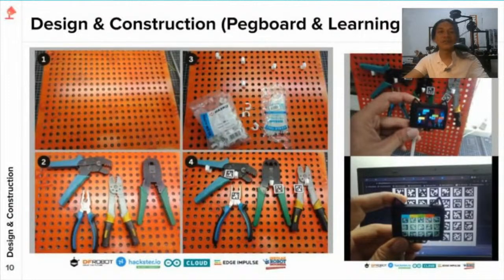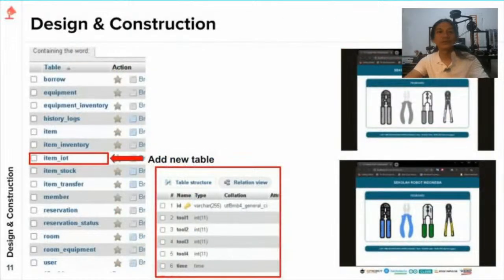In the first prototype, I use only tag detection for tools on our laboratory backboard. So first I must teach HuskyLens multiple tag recognition. This is the old table in the database system or basic inventory, and to integrate with this project, we must add one more table to support the IoT system.